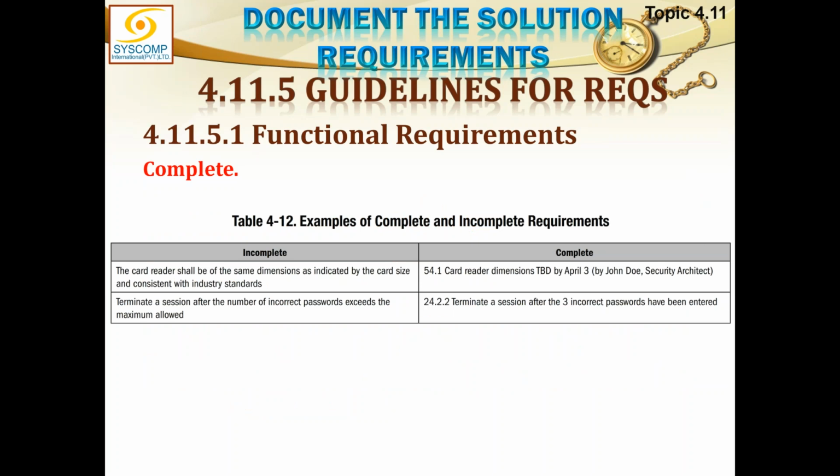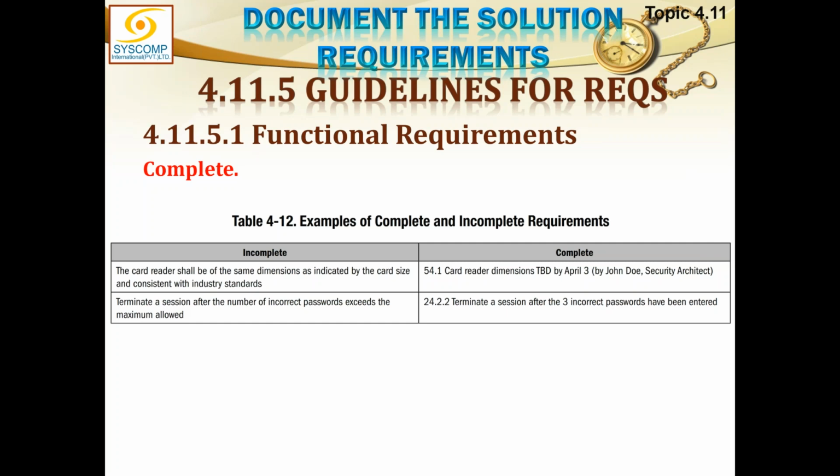So, to look at an example of completeness, an incomplete statement is: a card reader shall be the same dimension as indicated by the card size and consistent with industry standards. Now, what do you mean by the card size and industry standards? You should say card reader dimensions to be determined by this date, by this person.